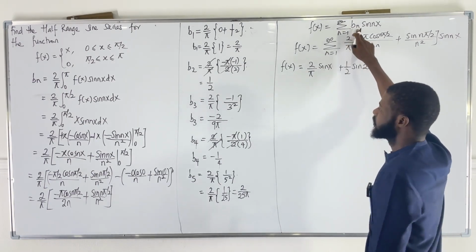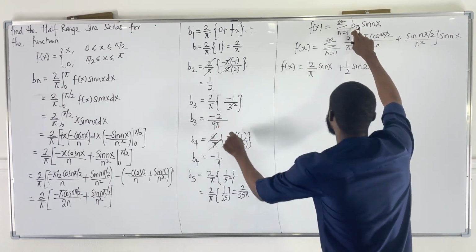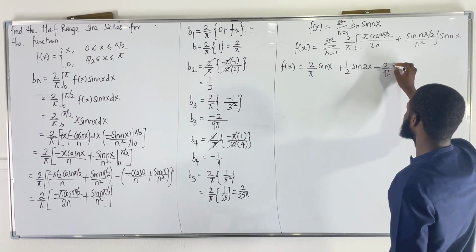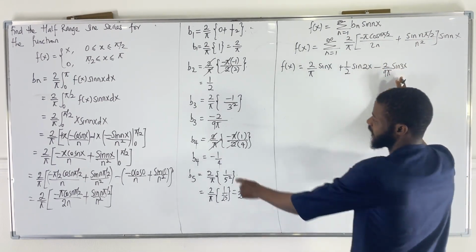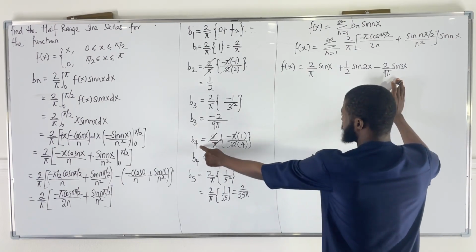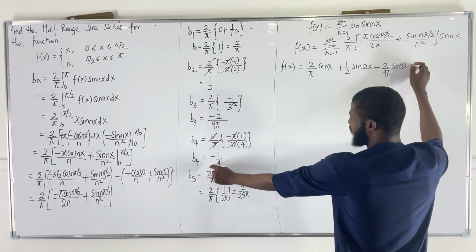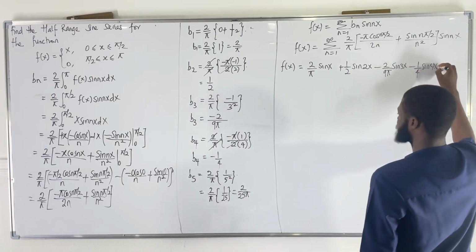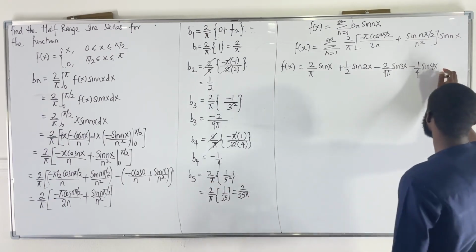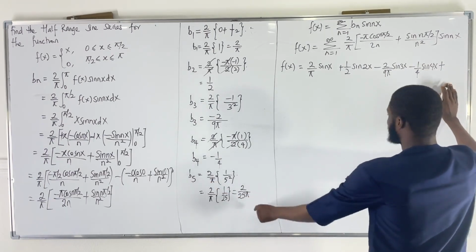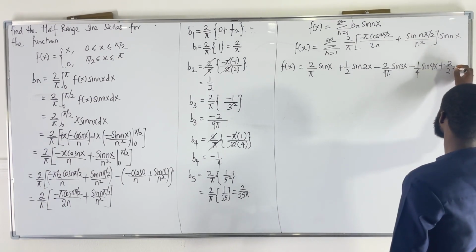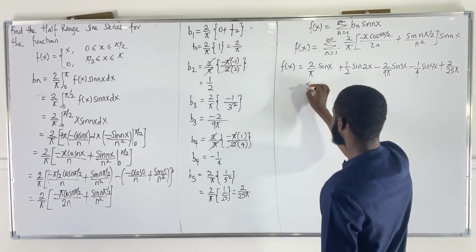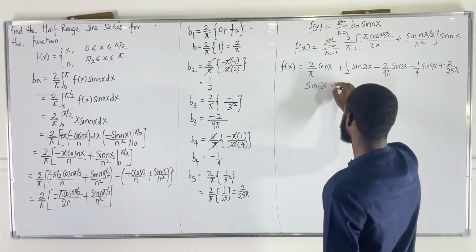Next value is b3. So b3 is minus 2 over 9 pi. So this will be minus 2 over 9 pi sine 3x, because we're putting n as 3 here. Next is when it's 4. So for 4, we have minus 1 over 4 sine 4x. Then for 5, we have plus 2 over 25 pi sine 5x, and then just like that.